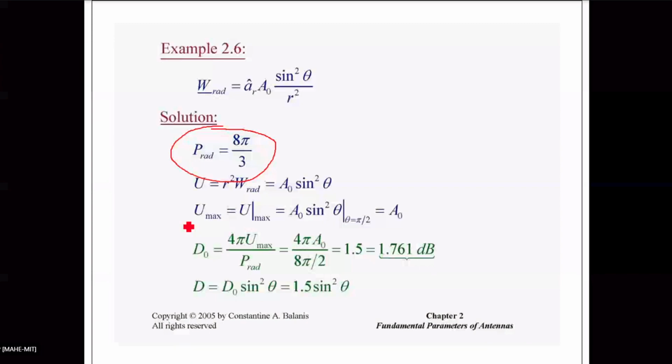Now, P rate by 4 pi is the radiation intensity of an isotropic source radiating the same amount of power.